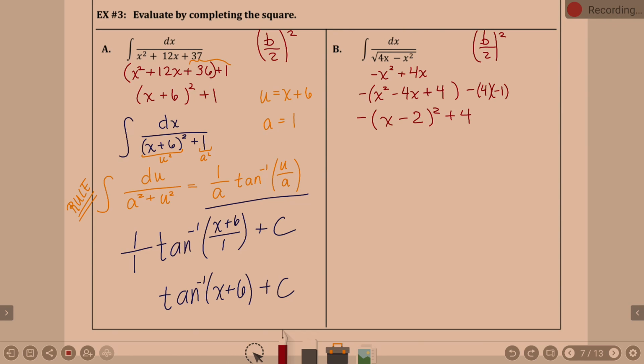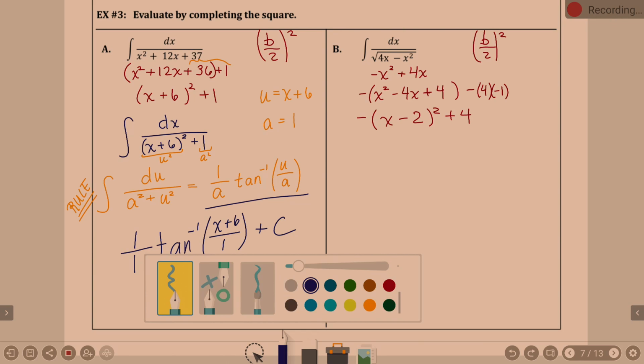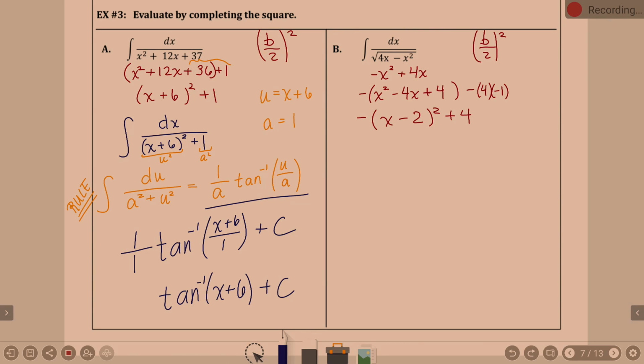When we put this back in the radical, I'm going to reverse this order, because we want the form a squared minus u squared. So we rewrite this: dx over the square root, and instead of putting the negative x minus 2 squared out front, I'm going to start with 4 minus x minus 2 squared.